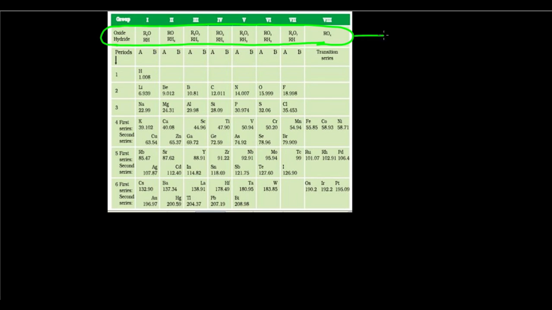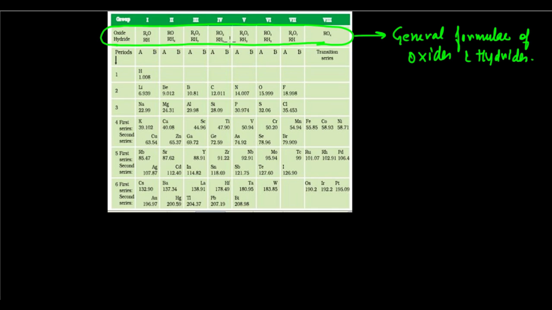So these are the general formulae of oxides and hydrides. You can see for each group there is a unique one. For the first group there's R2O and RH. For the second one it's RO and RH2. For the third one it's R2O3 and RH3.